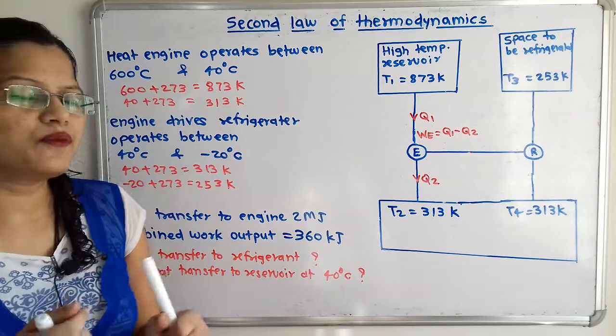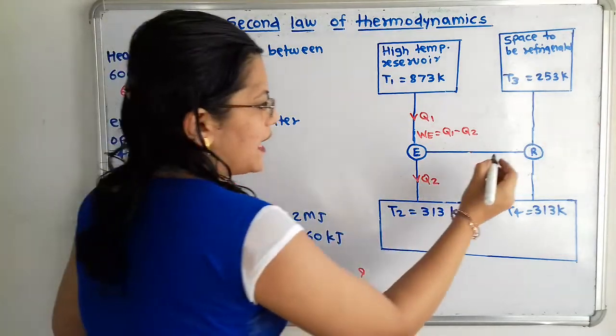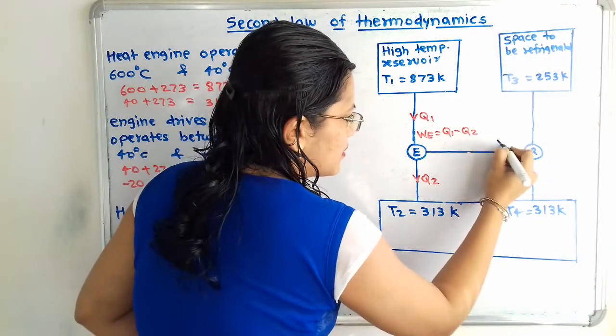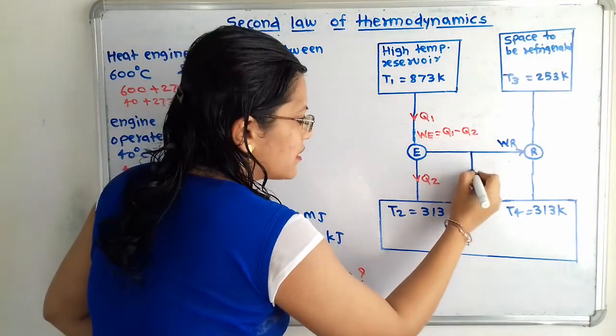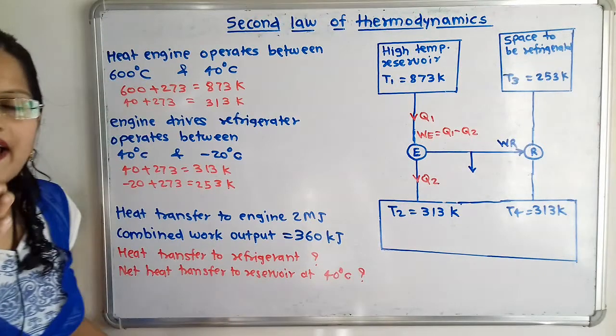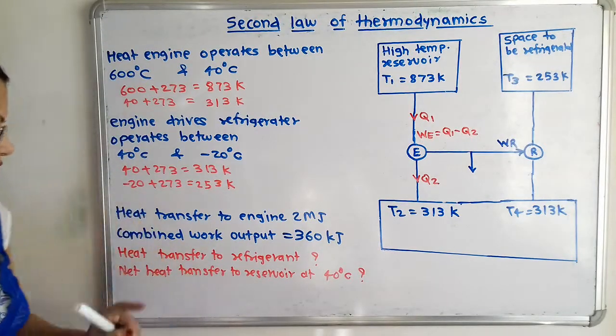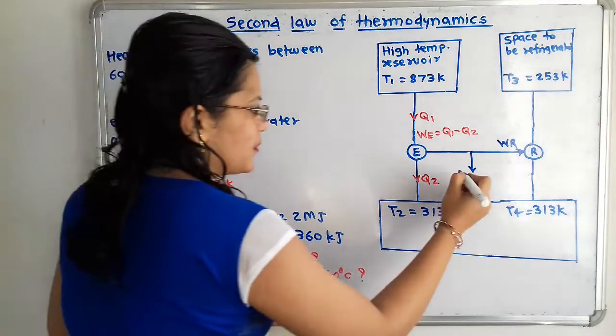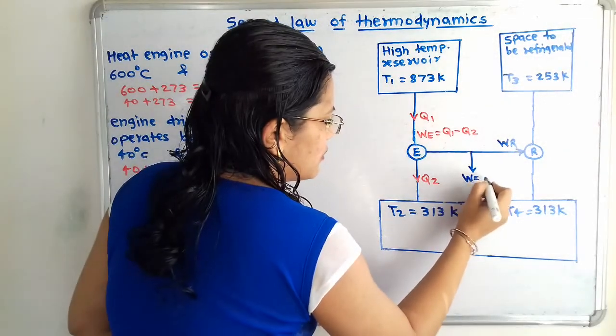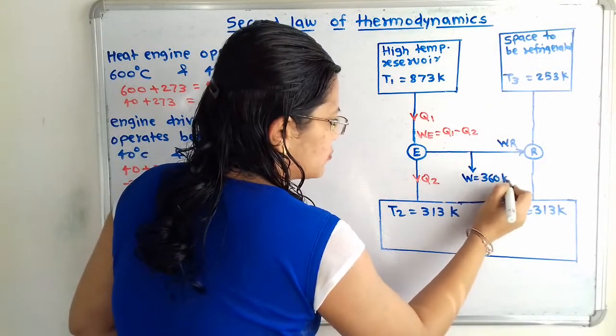This work input to the refrigerator I will call WR. And the remaining work, that is the combined work output mentioned in the question, is 360 kilojoule. So I will say W is equal to 360 kilojoule.